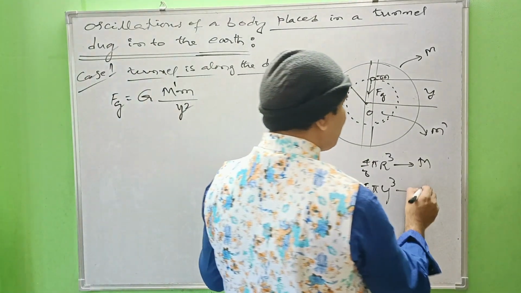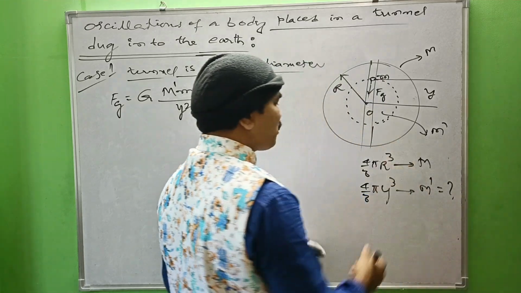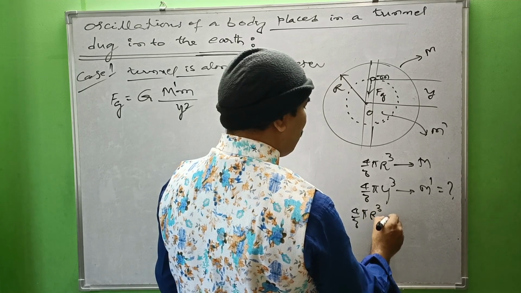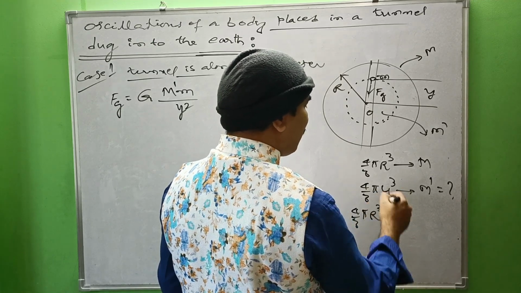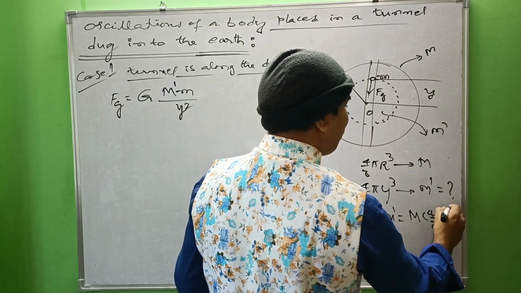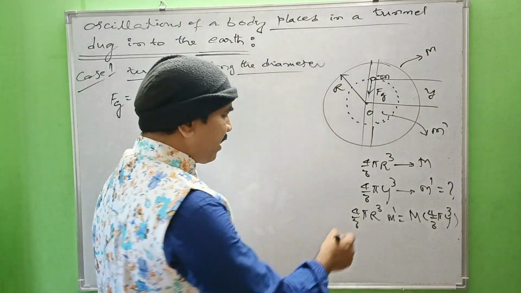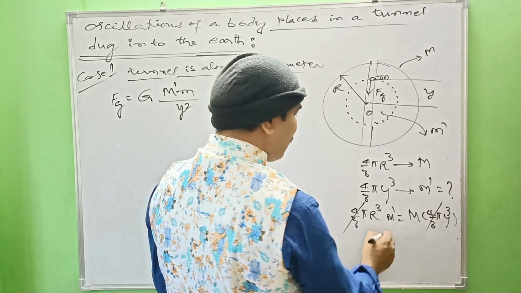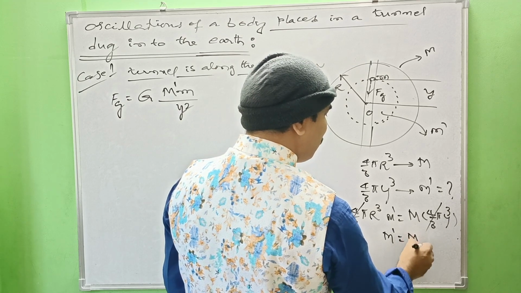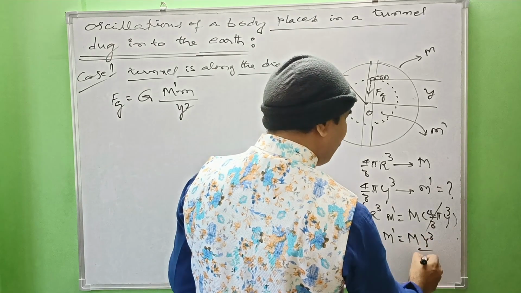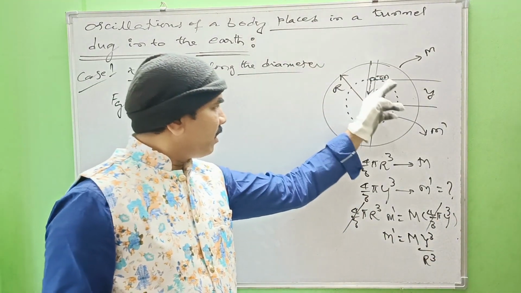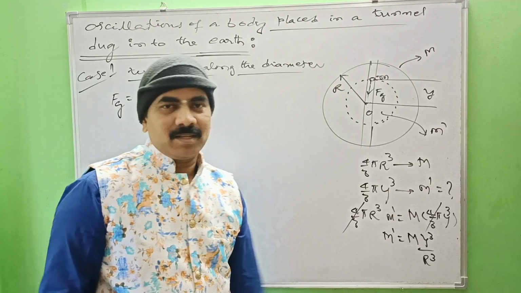M dash, which is the question mark. Now taking cross multiplication, 4/3 pi R cube into M dash equals capital M into 4/3 pi y cube. The 4/3 pi cancel on either side. Now M dash equals M into y cube by R cube. That is the mass of the influential sphere, M dash.